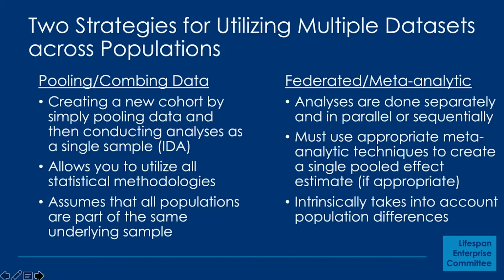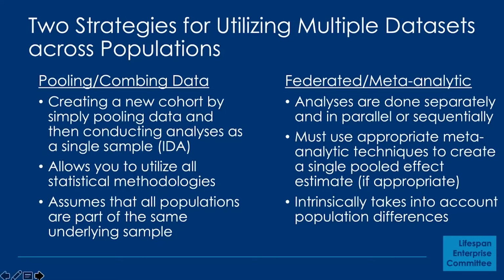I just wanted to highlight that we can do a true pooling, or combining the data together into a single cohort. This is often called integrative data analysis. It's essentially bringing all of the different cohorts together into one large cohort, sometimes a synthetic cohort, and doing the analysis as a single sample, adjusting for or stratifying by the cohort itself.